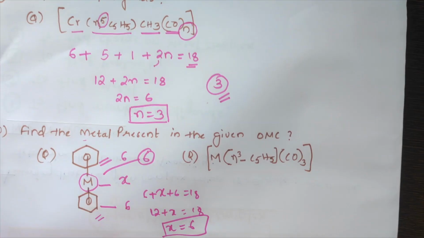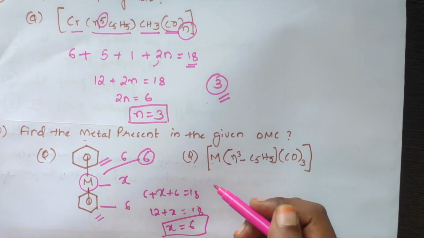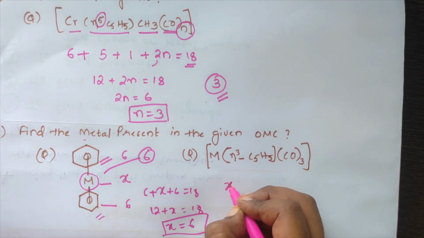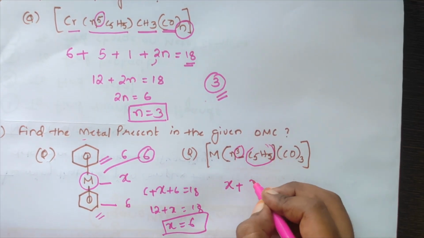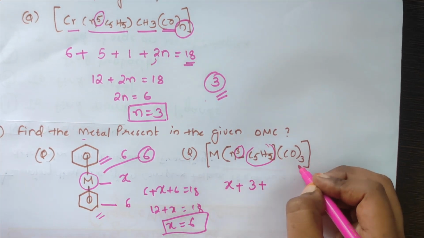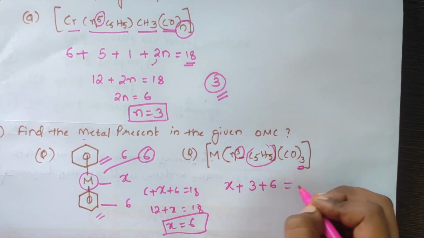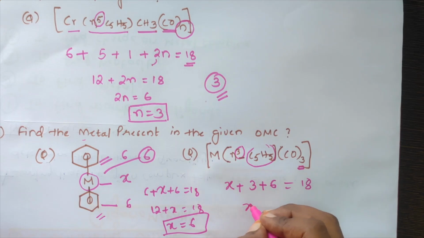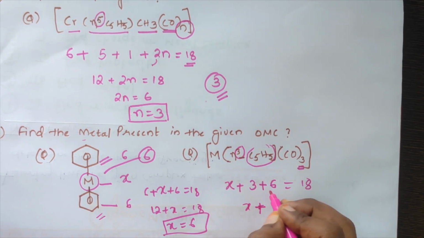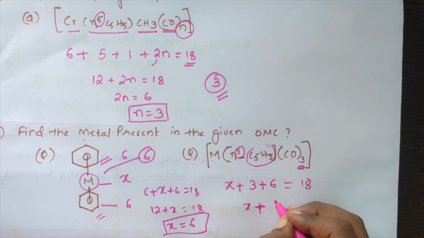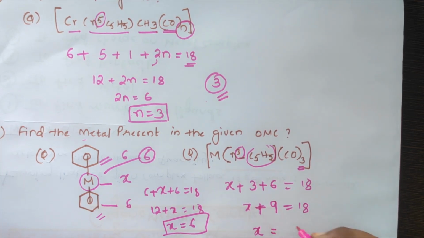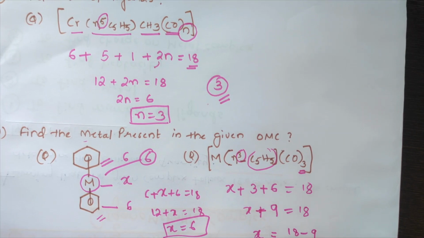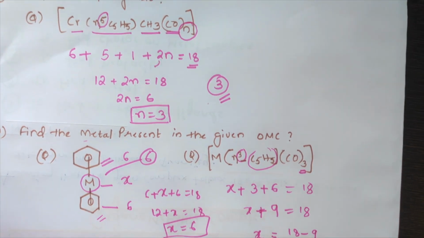Let's see the next one. In this case, we don't know what the metal is, so let us assume it as X. As the hapticity of this ligand is 3, it will donate 3 electrons. And here 3 carbonyls, which will be equal to 6, and the total is equal to 18. So X plus 9 is equal to 18, and X will be equal to 18 minus 9, which is 9.